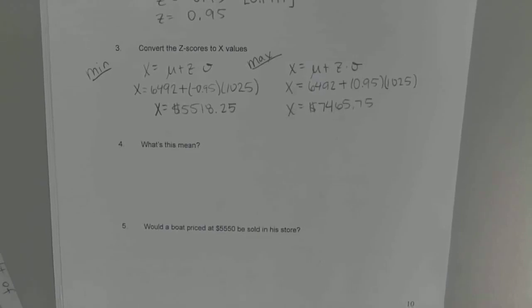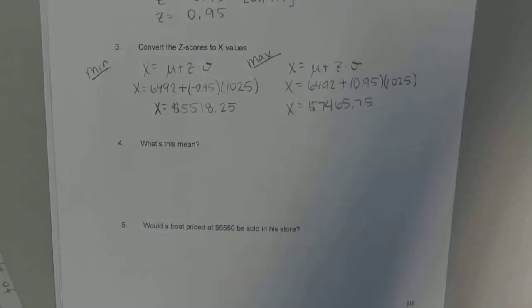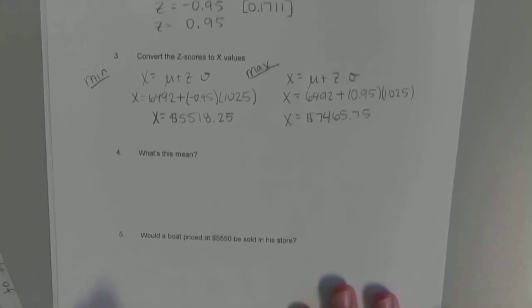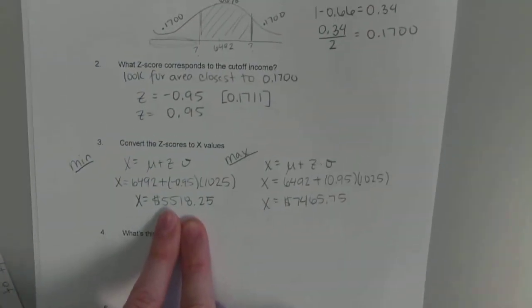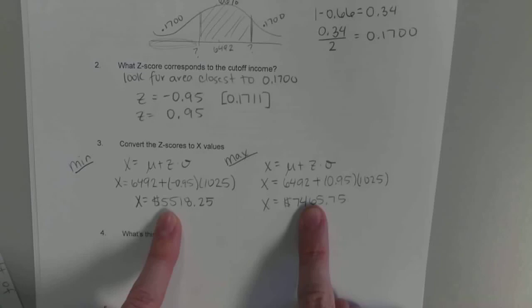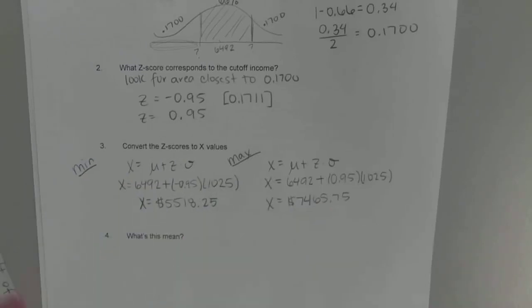And again, my favorite question, what does this mean? The dealer will sell boats between 55.18 and 25 cents. We've found the cutoff prices that the dealer's selling. So we shaded between, and we know the lower bound is 55.18 and the upper bound is 74.65. So the dealer's selling boats between these two values.